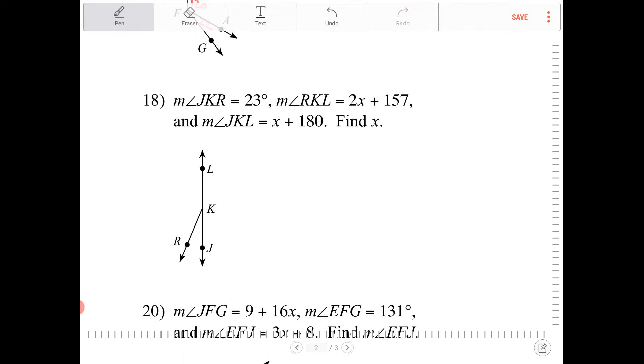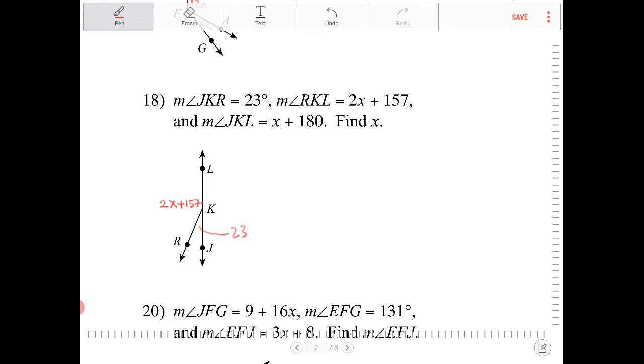Number 18. JKR is equal to 23. RKL is equal to 2x plus 157. And JKL is equal to x plus 180.